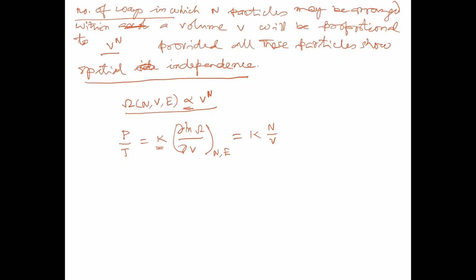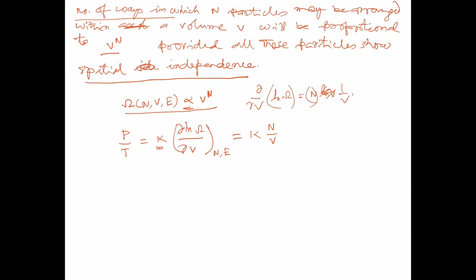So log omega, omega is V to the power N, so log omega becomes N into log V, and when we differentiate it with respect to V, you will get N into 1 by V.